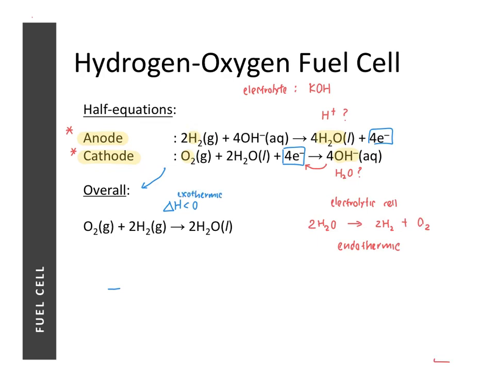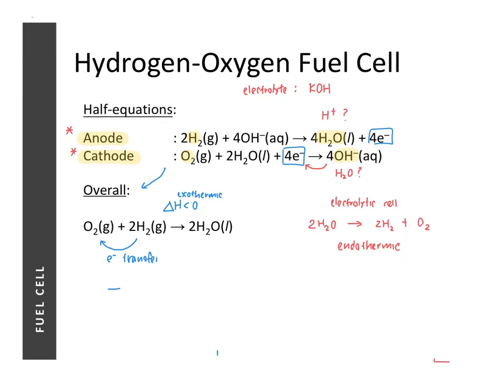Alright, so once again, if we allow hydrogen and oxygen to come into contact under the right conditions, this energy will be released in the form of heat. However, if we separate oxygen and hydrogen, we don't allow them to meet, but rather we connect them using a hydrogen oxygen fuel cell. We actually force the electron transfer to take place in an external circuit.